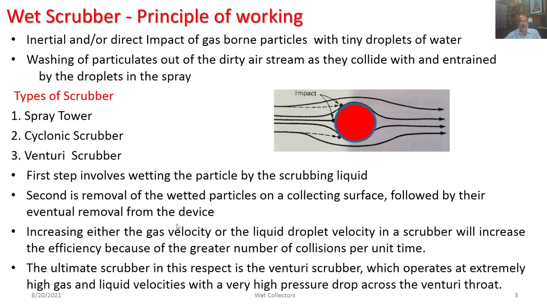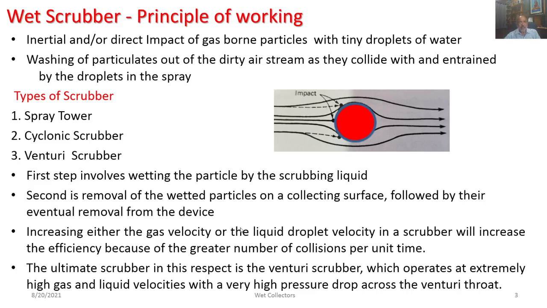Next, increasing either the gas velocity or the liquid droplet velocity in a scrubber will enhance the efficiency because it involves a great number of collisions between the gas particle and the solid particle per unit time.